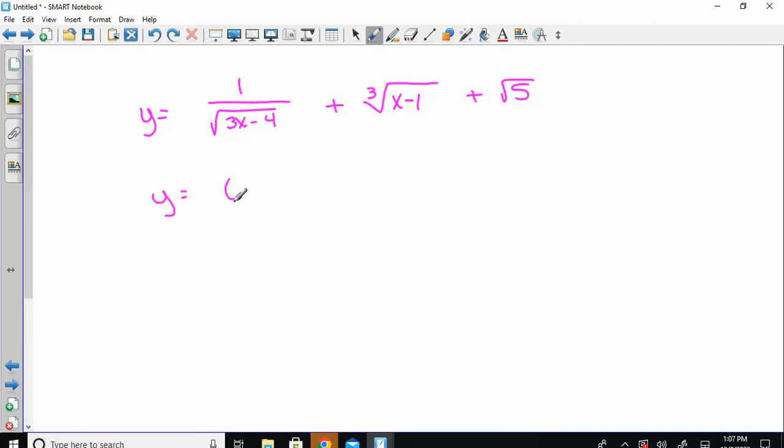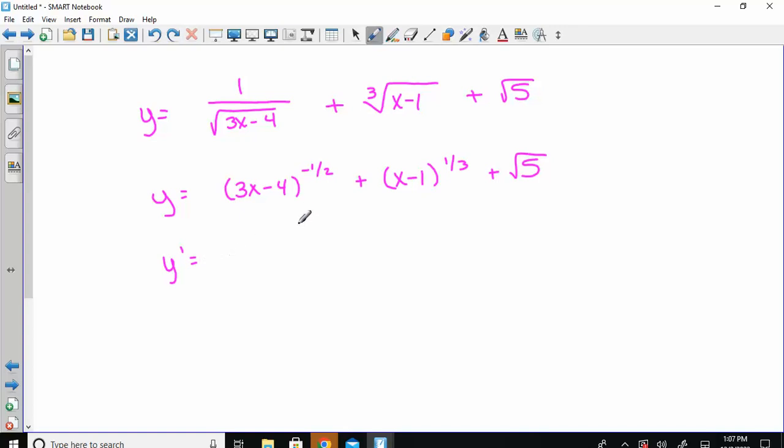Change the radical to negative 1/2. This would be 3x minus 4 to the negative 1/2. What about the cube root of x minus 1? What would that be? Do I need to change the square root of 5? No, it's just a constant.